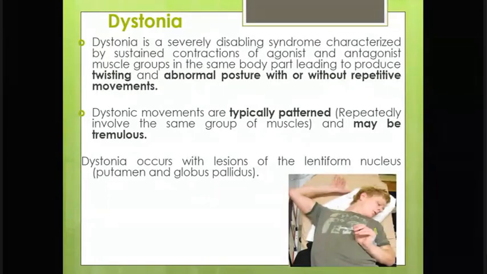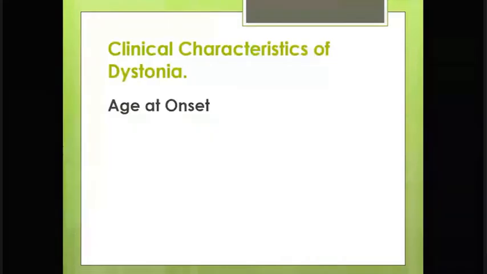Dystonic movements are typically patterned. Patterned means they involve the same group of muscles, and may be tremulous. Dystonia occurs with lesion of the lentiform nucleus, putamen and globus pallidus. Dystonia has a wide range of types and causes.